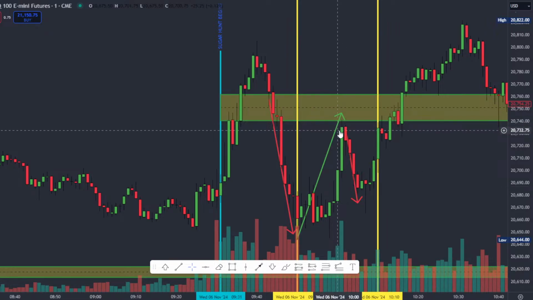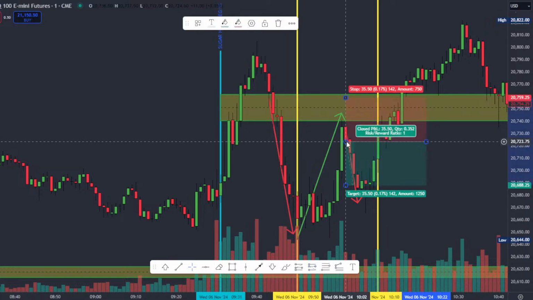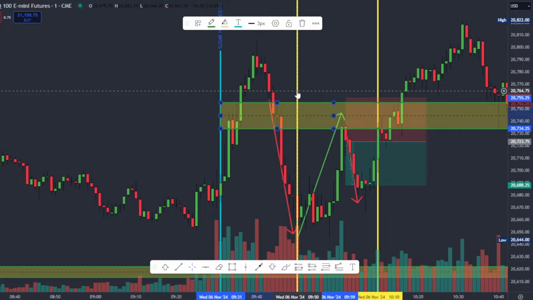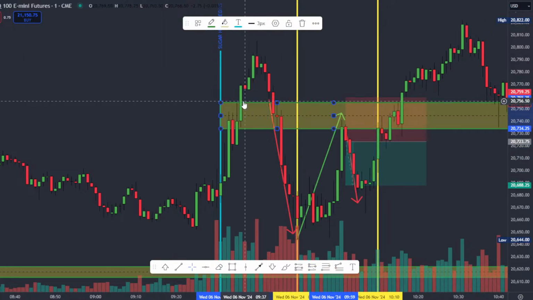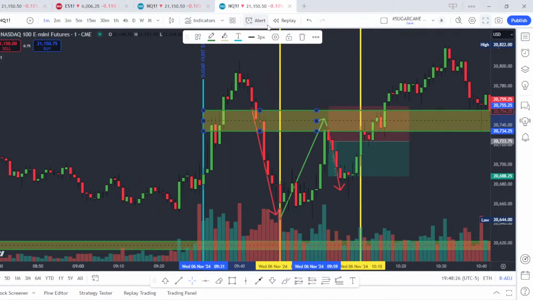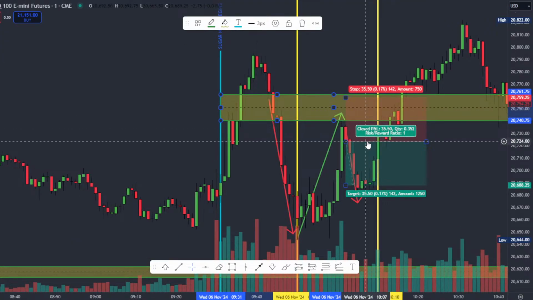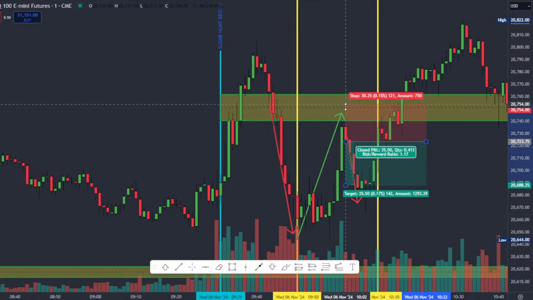But that matters because then you could say you're looking for the short. You enter here. Hold on a second. If you enter here, stop loss about right here.